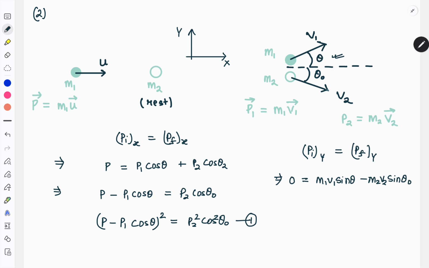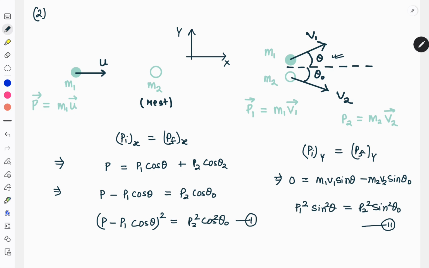The component of velocity v cos theta will be on this side and v sine theta on the other side. Along the y axis, upward is positive and downward is negative. In terms of momentum, we can write p1 squared sine squared theta is equal to p2 squared sine squared theta naught, and this is the second equation.